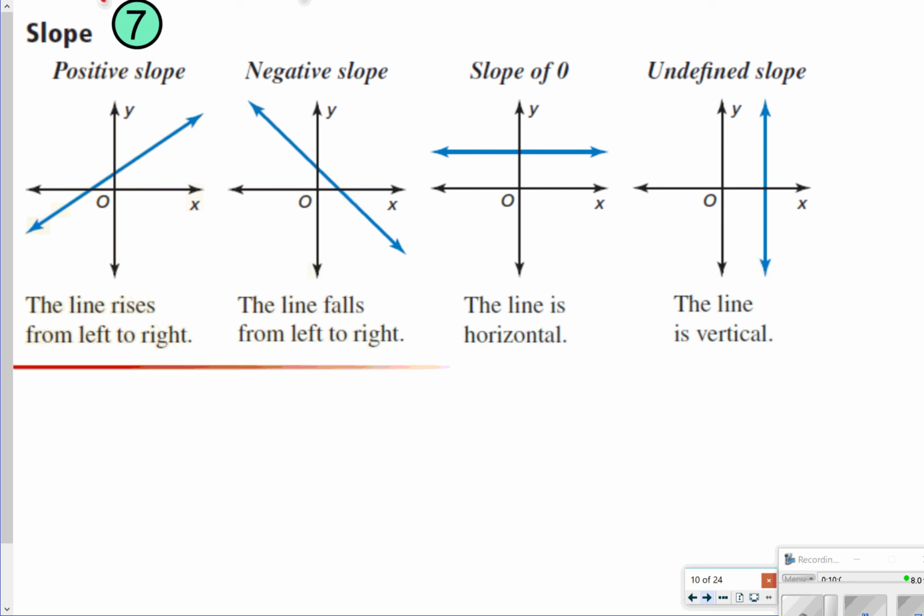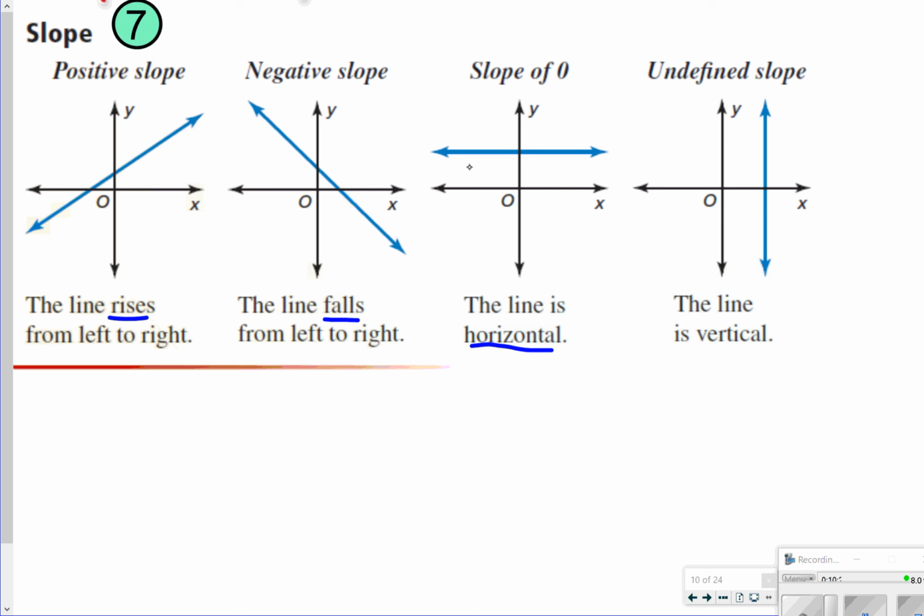The last little bit is I'm just going to get you to copy down what each different type of slope means. So these are just general examples of different slopes. You have a positive slope that rises from left to right. You have a negative slope that falls from left to right. Slope of 0 just means there's a horizontal.